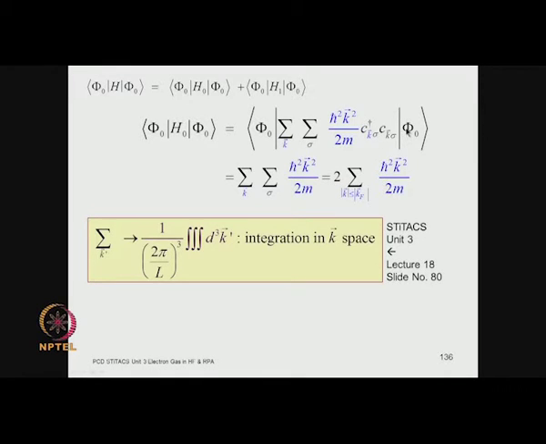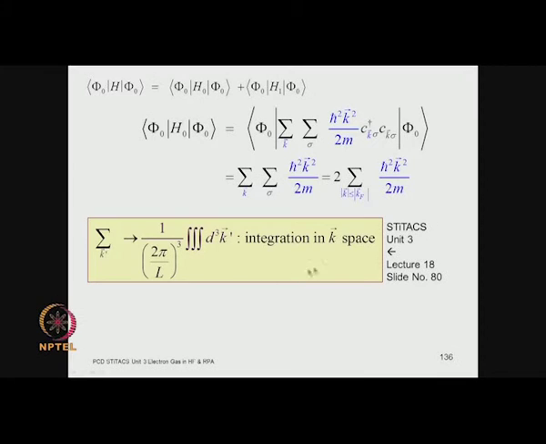Now, the other thing we are going to do, because we have a quasi-continuous discrete spectrum, we have done box normalization of the plane waves, right. So, you have got a quasi-continuous discrete spectrum, and the summation over k we have seen earlier in the 18th lecture of this course from unit 3.